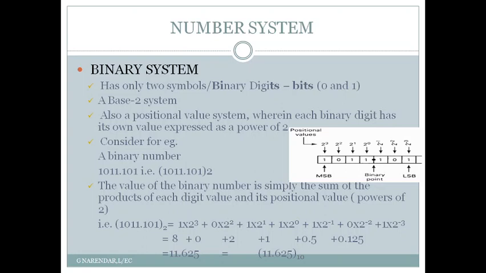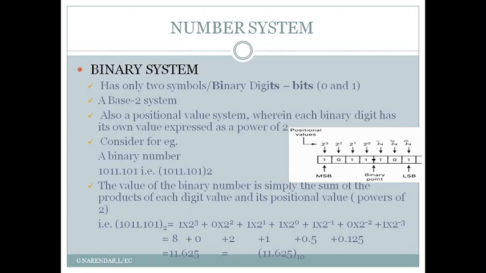Here we will take an example of 1011.101, a binary number, and here you can see the leftmost one forms the most significant binary digit because it will have the highest position value.